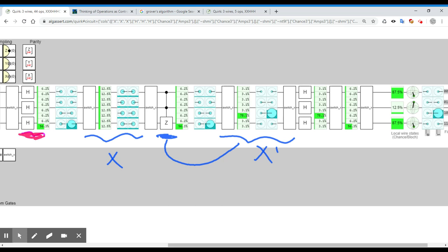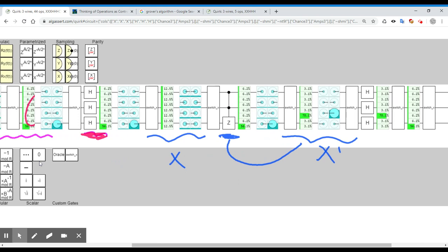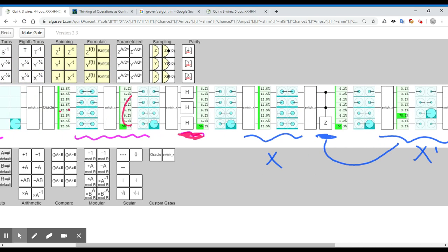Well, because that's the phase, because that's exactly what the oracle is doing, right?